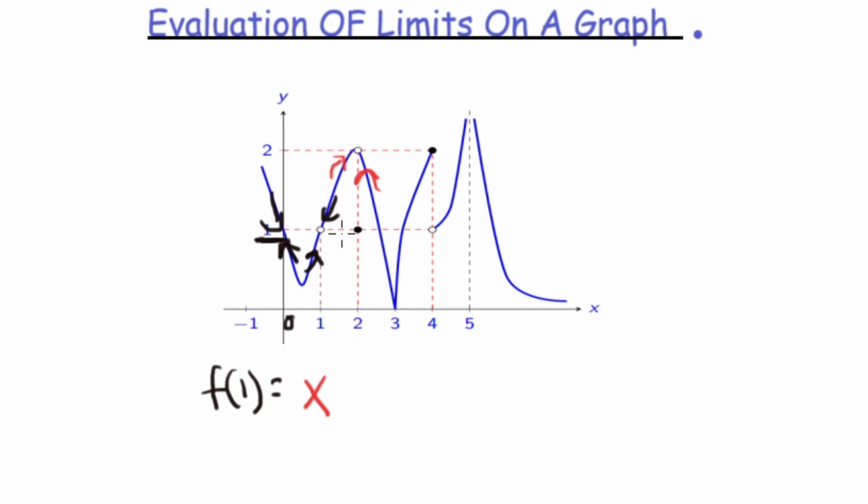Now, is the function defined? Yes, it's defined, because at 2 the function has been defined as 1. So f of 2 has been defined as 1, right, by this point over here.